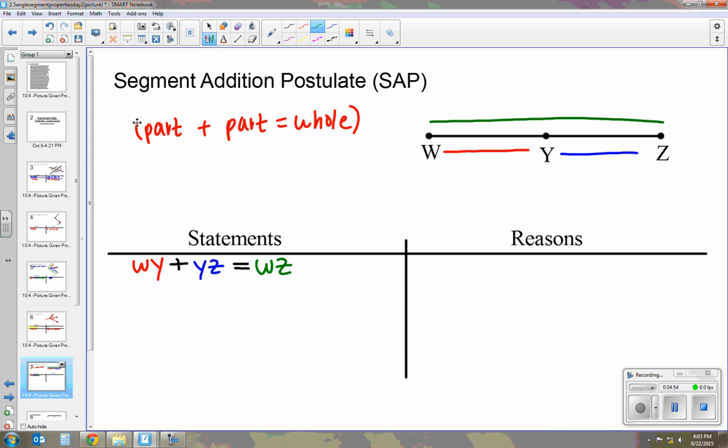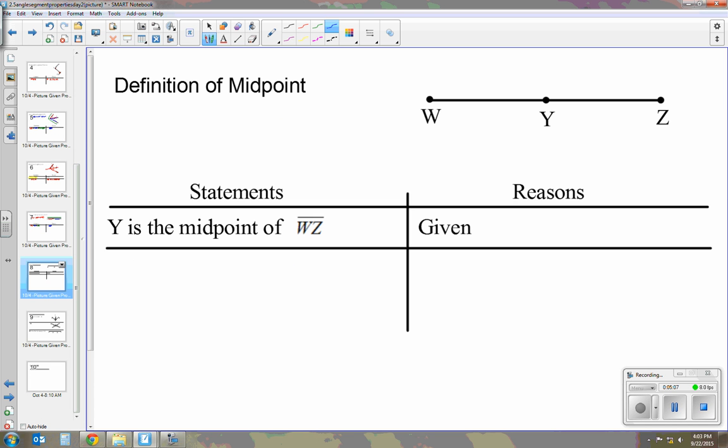And since we're adding our part plus our part equals our whole, and they're segments, our reason for writing this down is our segment addition postulate.